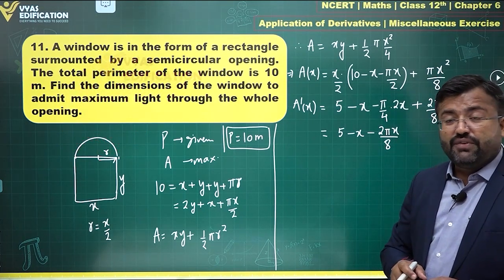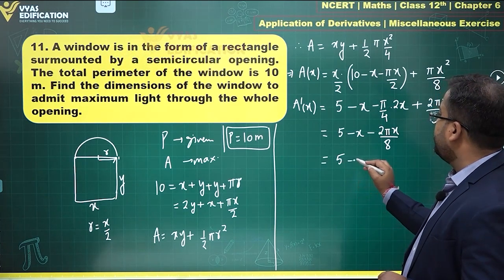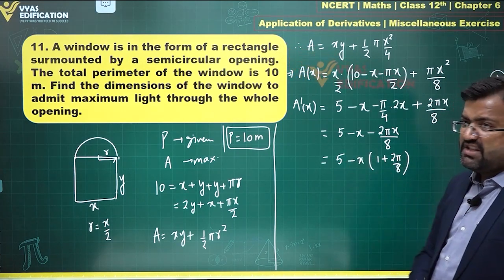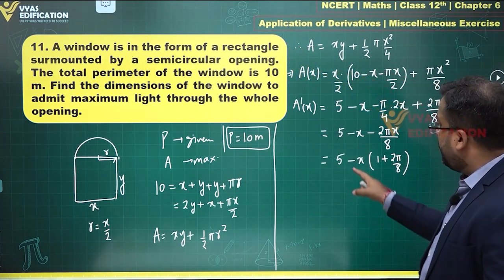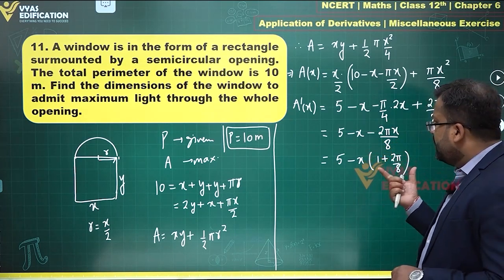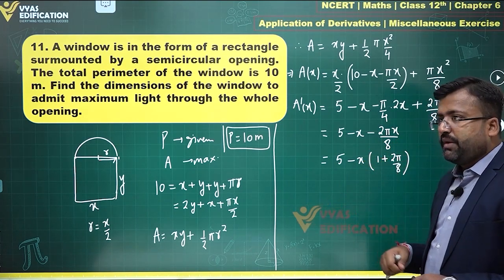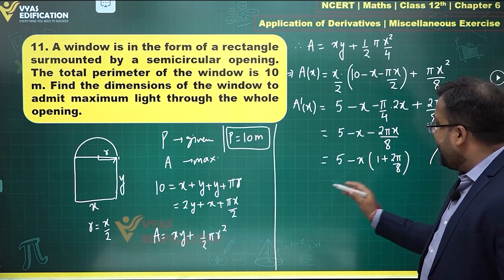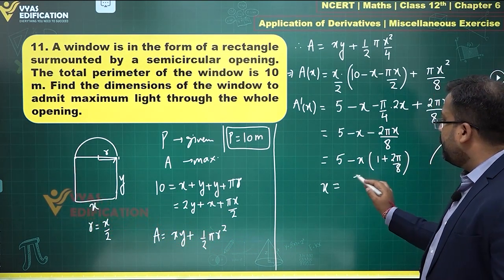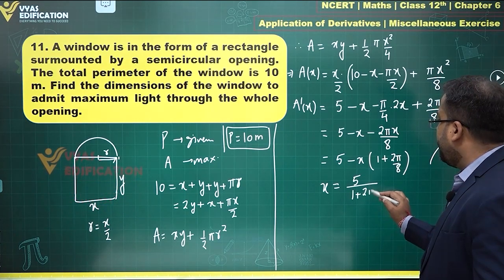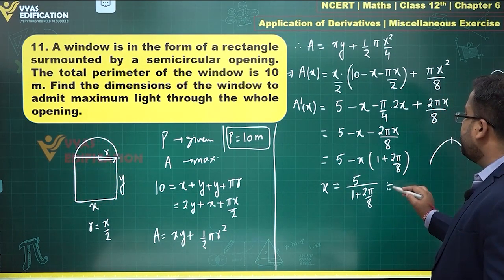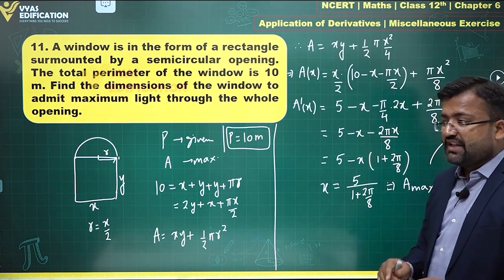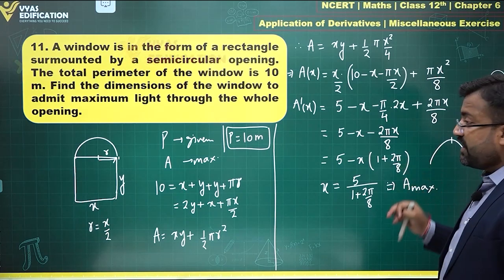Can I find the value of x easily? Yes, this is 5 minus x times 1 plus 2 pi by 8, if I take x common. On double differentiation, you will observe that this becomes minus of 1 plus 2 pi by 8, which is negative. If this is equal to 0, x equals 5 upon 1 plus 2 pi by 8, and this implies a maximum. A single derivative equal to 0 is the critical point, and at the critical point you are getting a maximum.